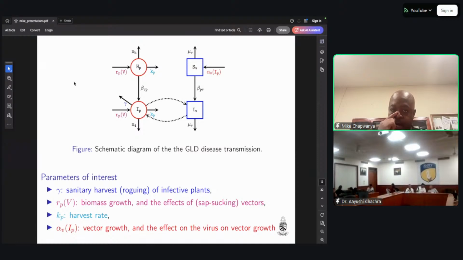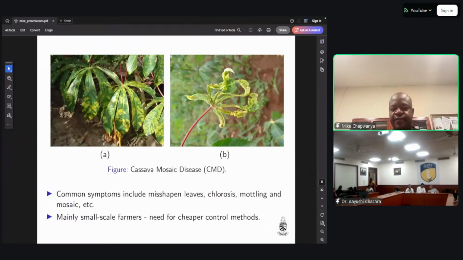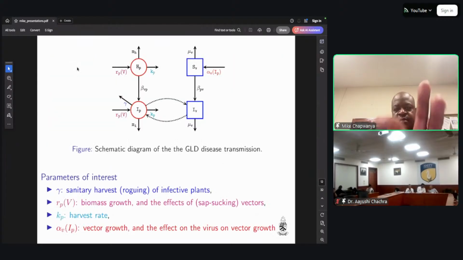All right. So I was talking about this. After discussing the different properties of the disease and how it affects the crop, I said now we talk about the modeling part where we do these compartments.